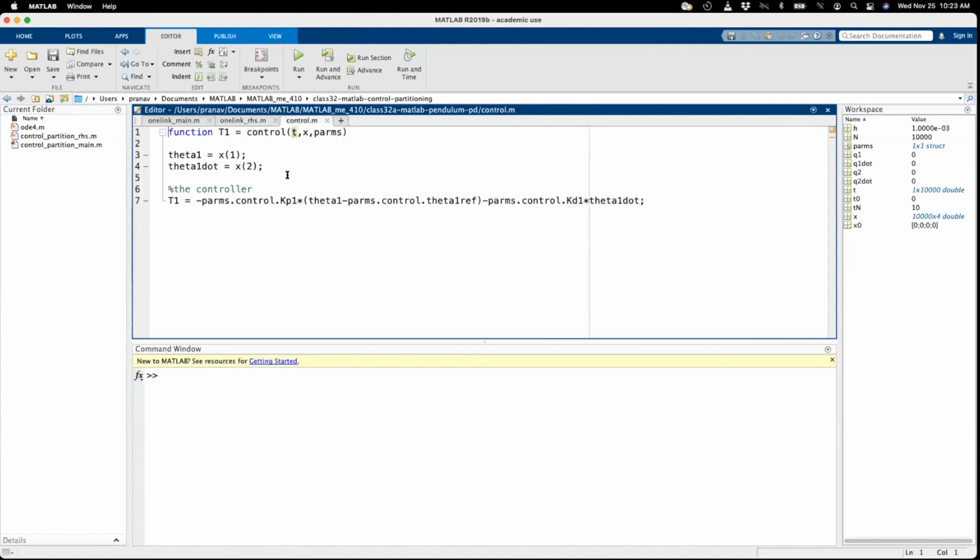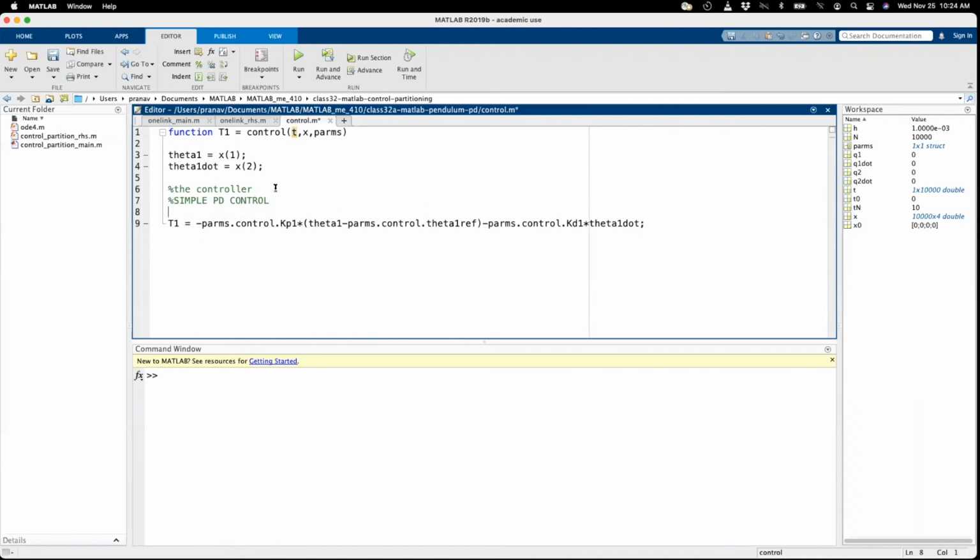So the control file does a simple PD control, a proportional derivative control, where the torque tau is minus Kp (q minus qd) minus Kd q dot. That's pretty much what this is doing.